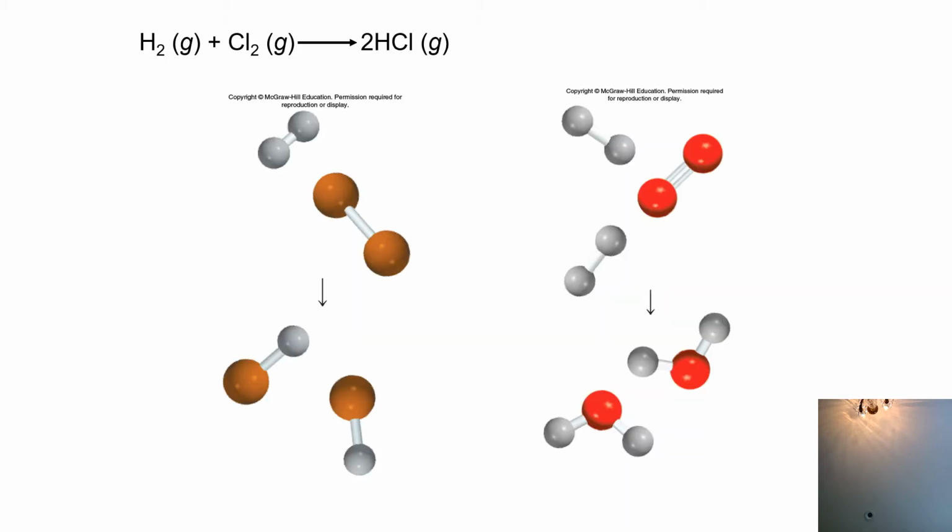So we're going to take a look at calculating the bond energy for the formation of 2 moles of HCl. And here in this slide, we just see a cartoon or a model picture of the reactants going to products for this particular reaction.